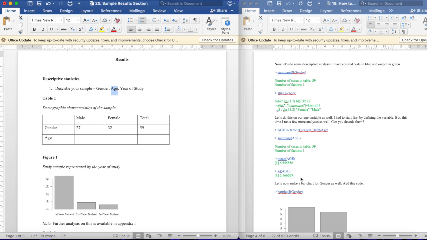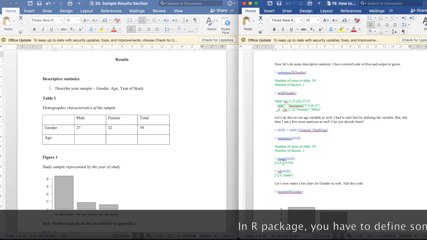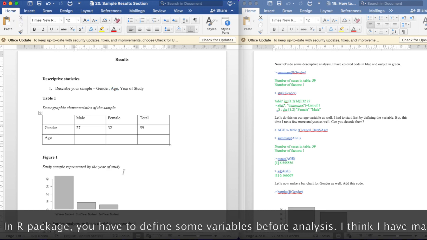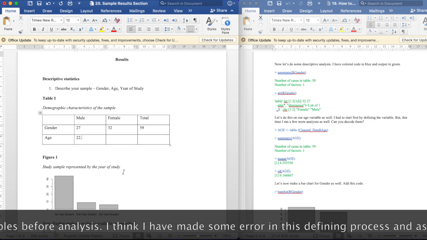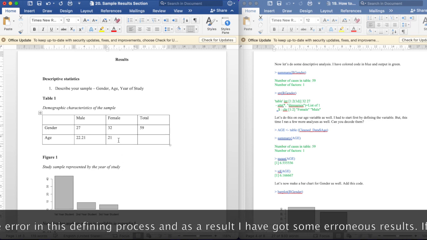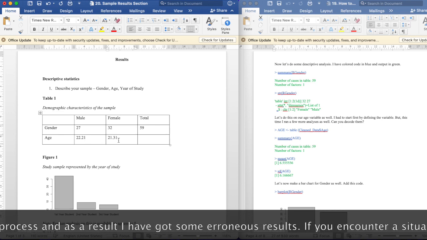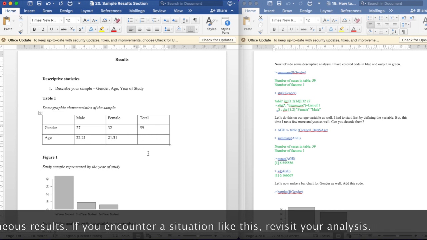And I here have done a calculation, but I think this calculation is wrong. It says age is 6, can't be 6. But let's hypothetically think the average age of males in this study is 22.21, and female age is maybe 21.31 or something like this. So there is no total here, so I'm going to just leave this blank.